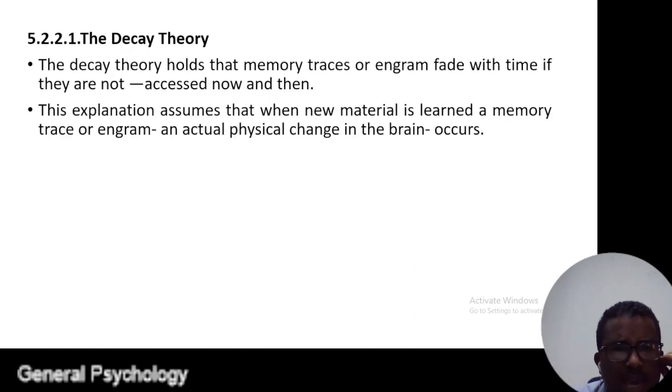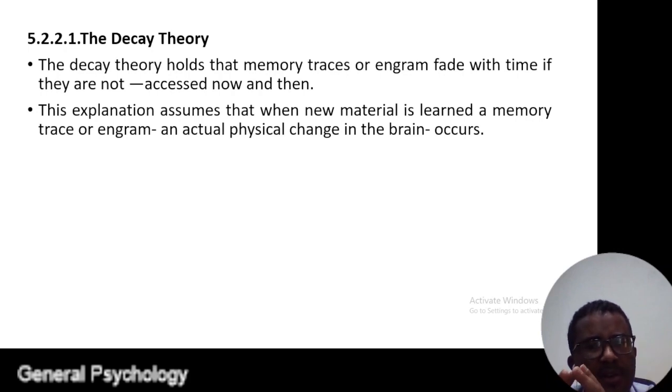As I told you, decay is especially found in the sensory memory. The decay theory holds that memory traces, or engrams, fade with time if they are not accessed now and then. In the sensory memory, if you don't give attention, memory will fade away.